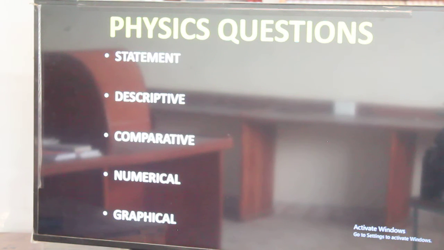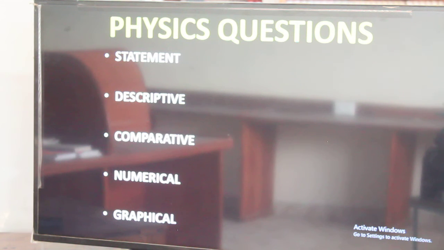Then you do what we call comparative questions. You're comparing one thing to its opposite and giving the difference. Then you have the numerical questions, which are basically calculation questions. These are mathematical questions. Here we say you need to identify what you've been given, identify the right formula to use, and apply it in your calculation.